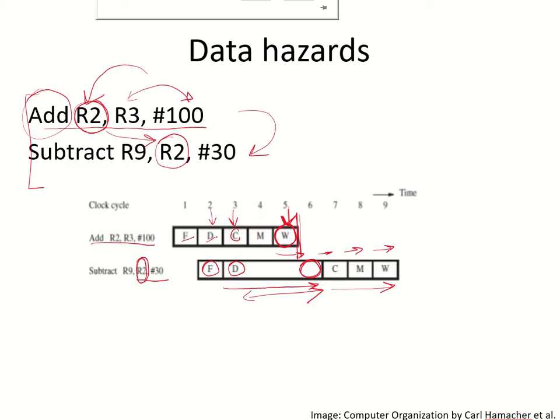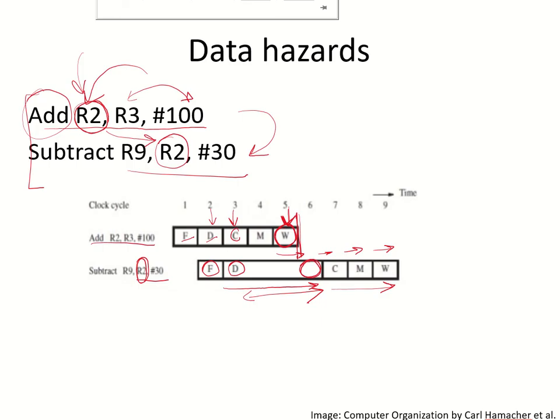So this is a data hazard. When the source register of a successive instruction is the destination of the previous instruction, and the correct operands are not available to the successive instruction on time, then this causes a data hazard.